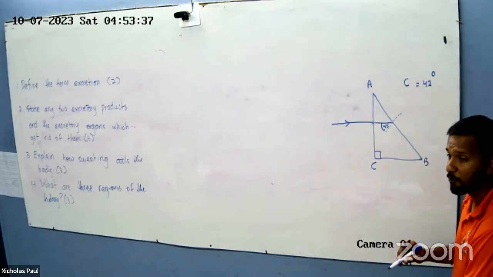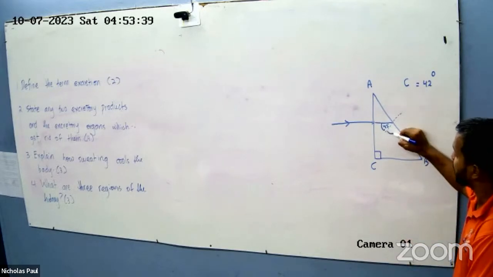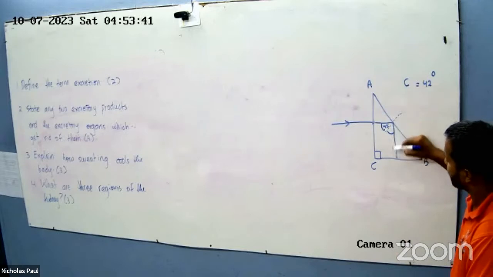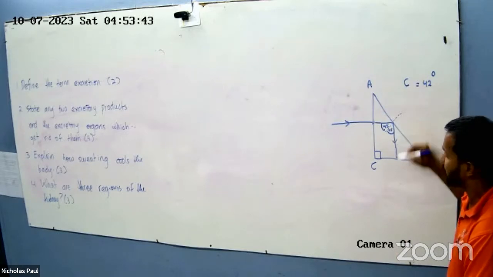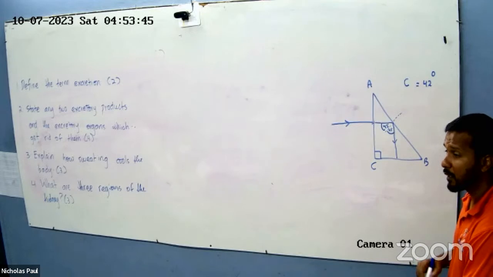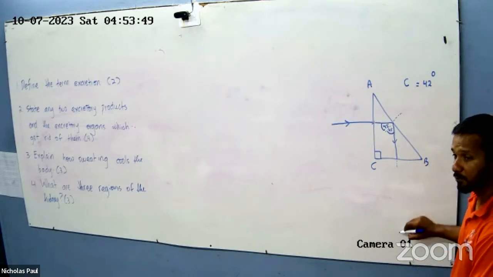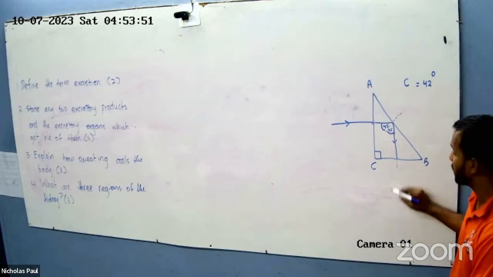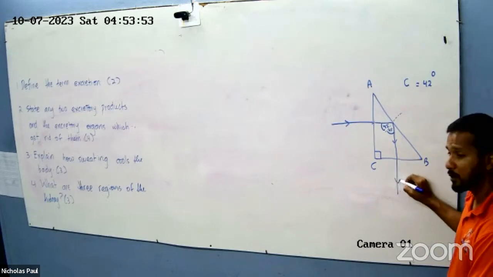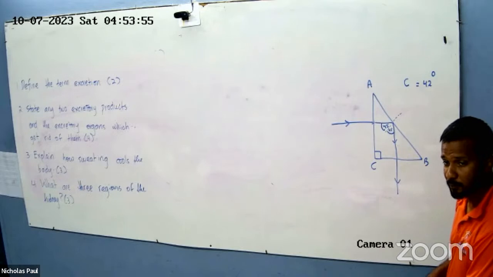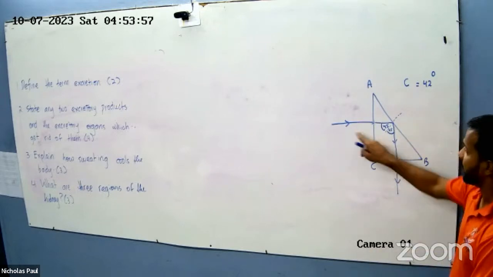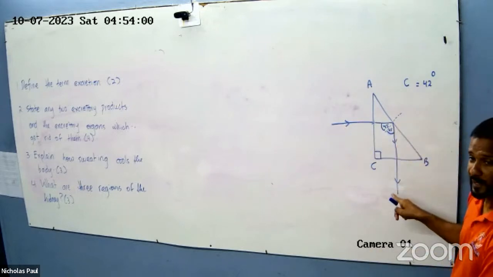Total internal reflection. So the reflected angle will also be 45. Then when the ray hits here, it travels along the normal again, so it will come straight out. In short, the ray travels through 90 degrees.